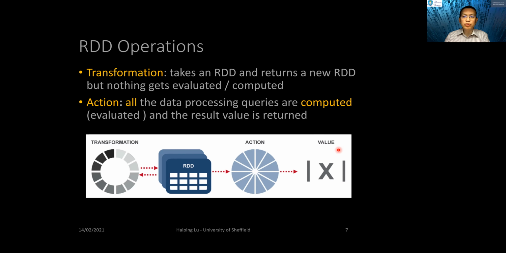So that is what we want to compute. So for transformation it is RDD in, RDD out. And for action it is RDD in and value out. So basically what we want to compute is the output.